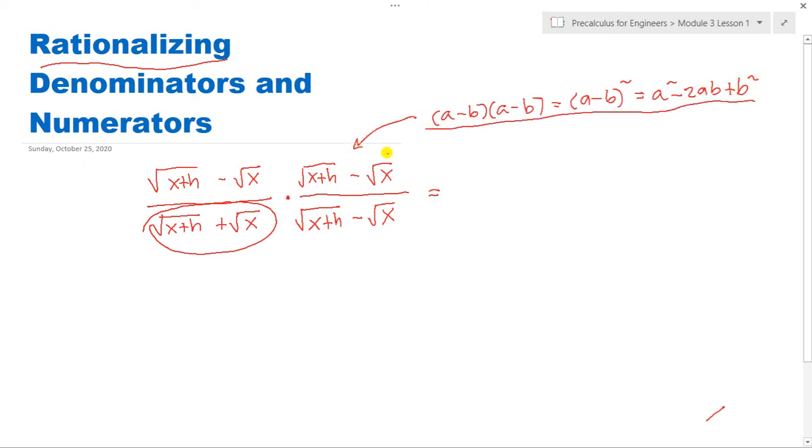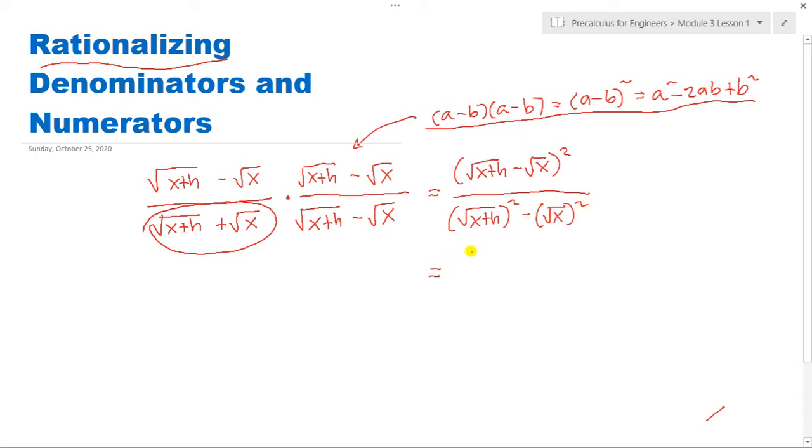So let's just write muna in this way, square root of x plus h minus square root of x squared all over ito. Since sum and difference of two numbers, or yung resulting nito is difference of two squares, so we have here square root of x plus h squared minus square root of x squared.